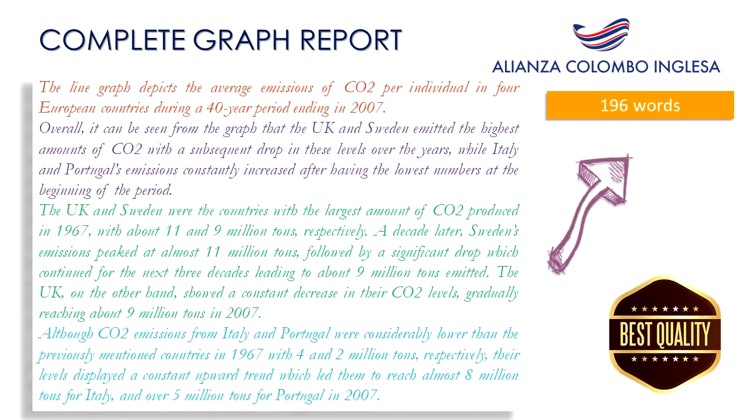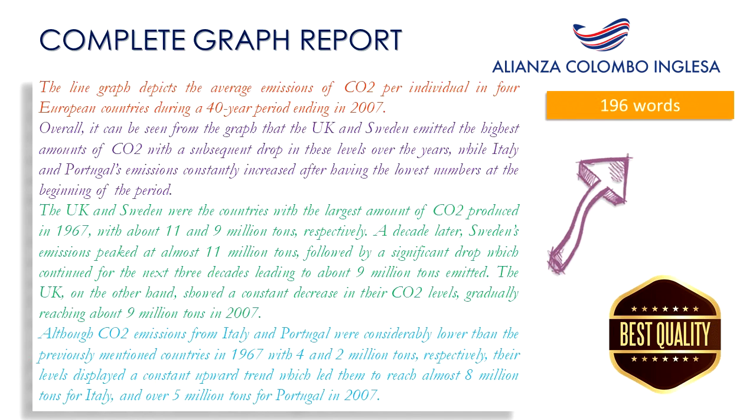And here is our final product, the complete graph report with all of its components, the paraphrasing of the statement, the overview, and the two body paragraphs, totaling a number of 196 words. Right? Notice how we have written more than 150 words. This is essential. We should always keep it above that minimum word limit of 150.